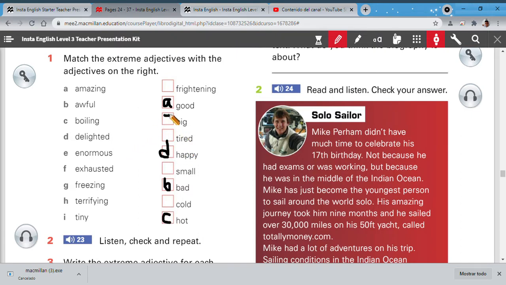Letter E. Exhausted is like very tired. Freezing is like very cold. Terrifying. And finally, letter I is like tiny, very, very, very small.